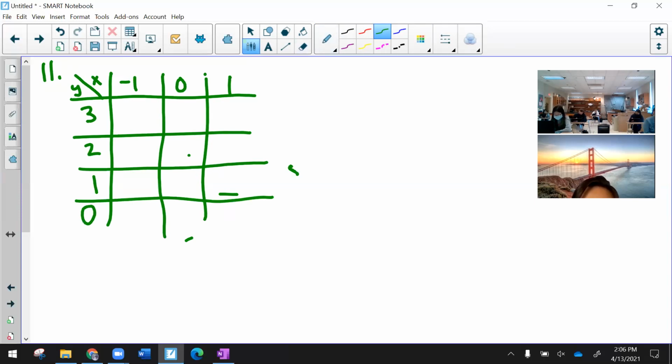Okay, and so if you agree with my values here, then your picture should look like my picture. So I've got 2, 0, 2, 1, 0, 1, 0, 0, 0, negative 1, 0, negative 1.